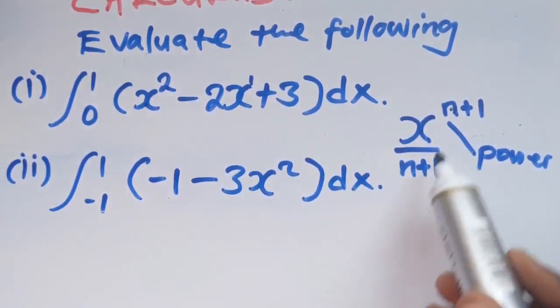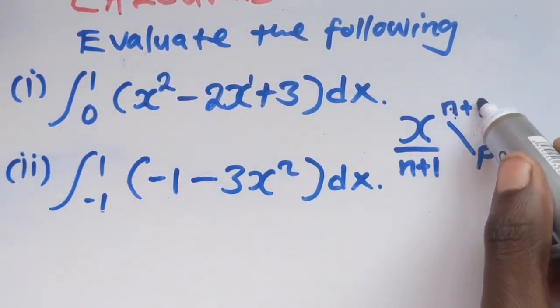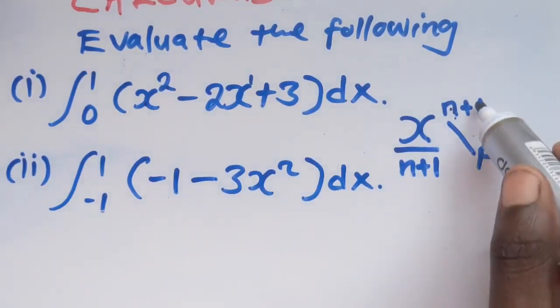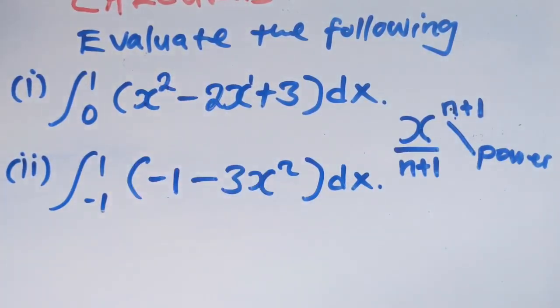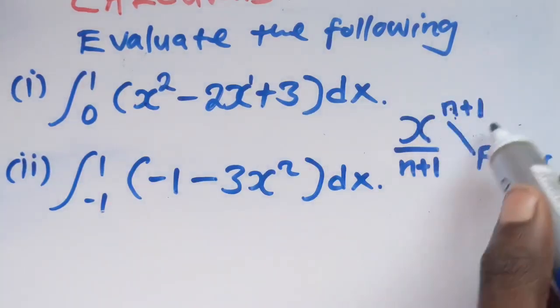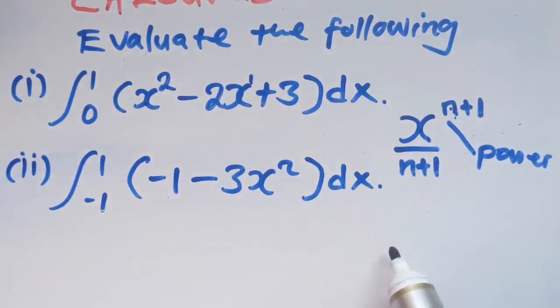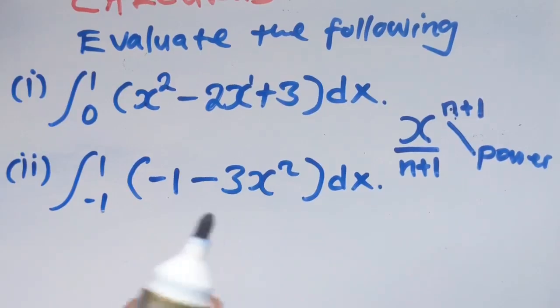I'm sure you are able to understand the formula. So n is the power, and we are supposed to add 1 to the power. So we have a 2 here, and we add 1 there. Whatever you do up here, make sure you also do it down there. This is the formula that we are going to use to solve these kind of questions.